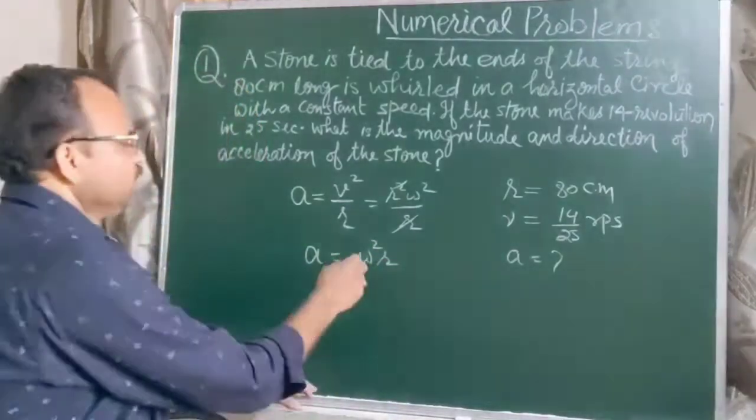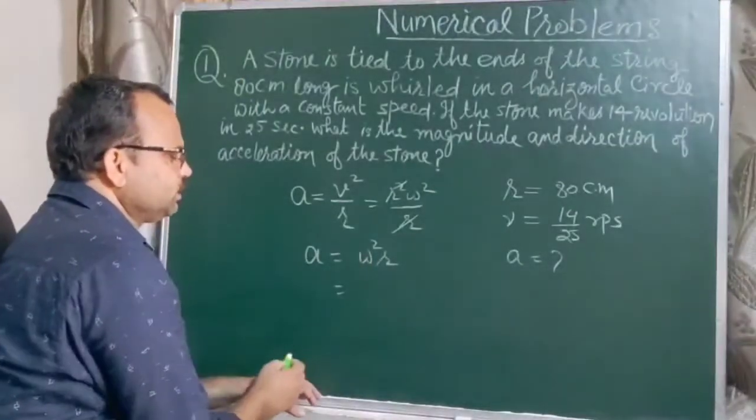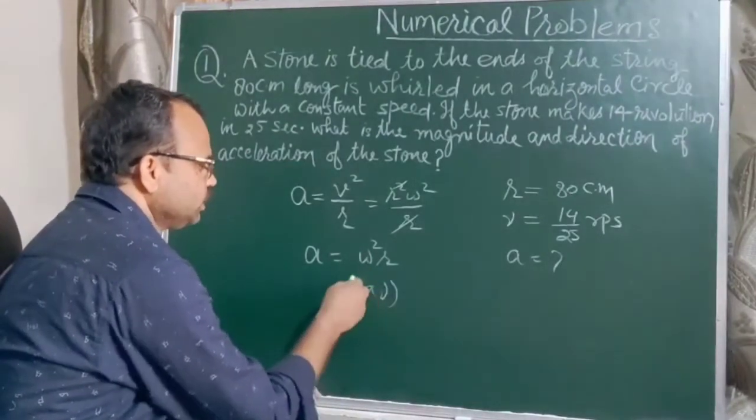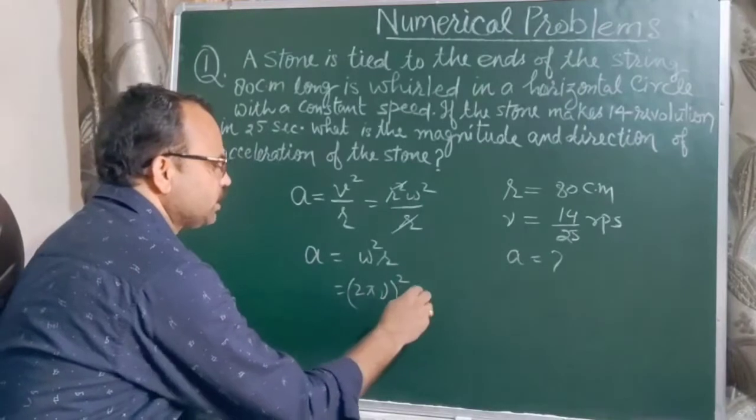Okay. Now put the value of omega. Since omega is equal to 2 pi nu, squaring the same, radius R the same.